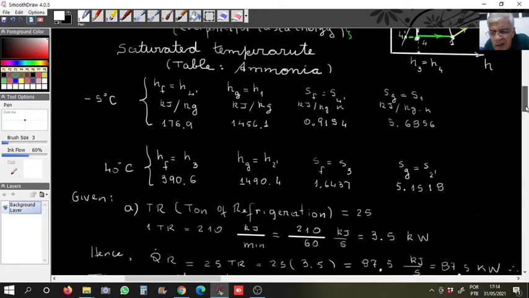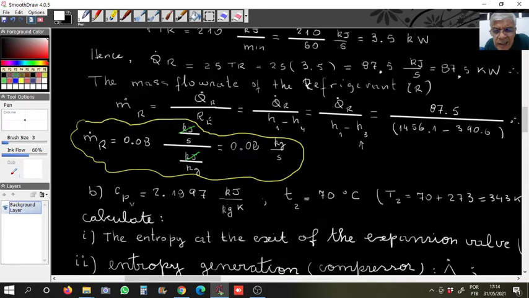Now then, as I said, I substitute H4 by H3, which I can obtain from the table. So if I divide 87.5, which is Q dot R, by the cooling effect, which these numbers I get from the table, then I obtain the mass flow rate, 0.08.